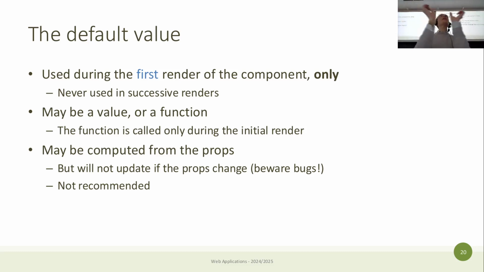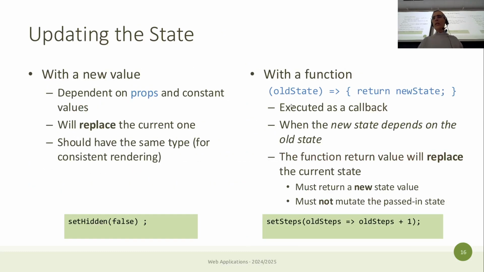So it's not connected to the prop. A state is never connected to the prop. If you use the prop for initializing the state, it's just for the first render. And then they go on their way, separate. So we saw the example before, right?